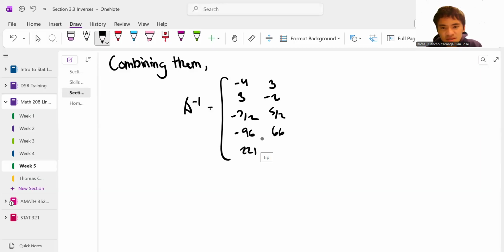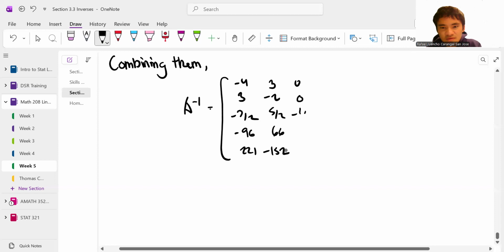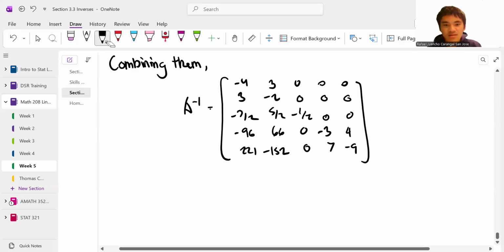And we have negative 1, 5, 2, 0, 0, negative a half, 0, 0, 0, 0, 0, negative 3 and positive 7. And then we also have 0, 0, 0, 4, negative 9. And there we have it.